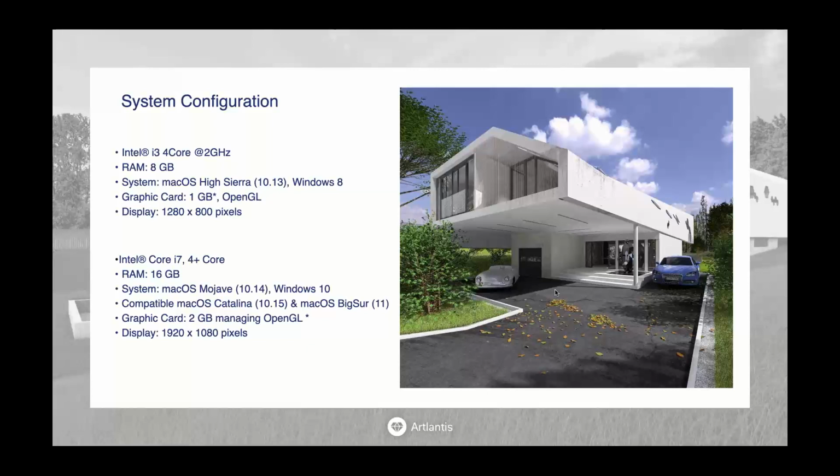Artlantis is compatible with the latest operating systems, with macOS Catalina and macOS Big Sur. There is a little point to highlight: it's not compatible yet with Apple computers equipped with the M1 chips.